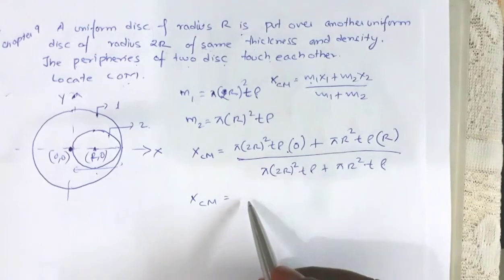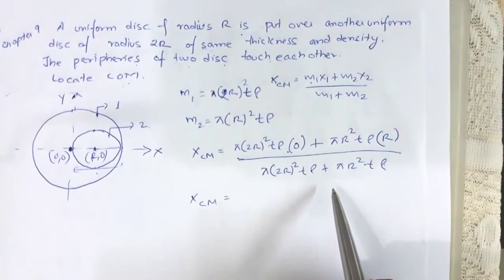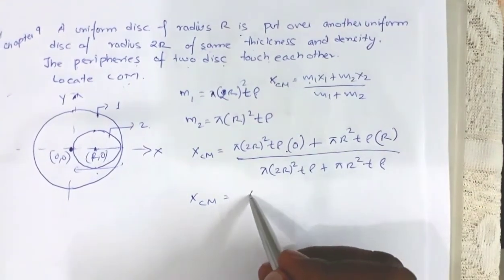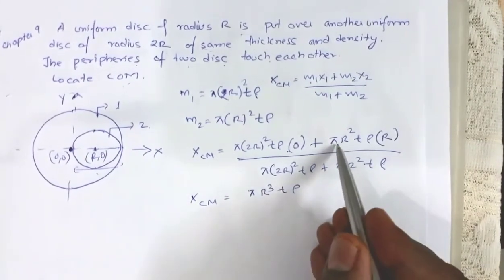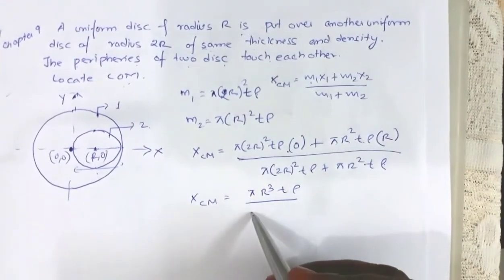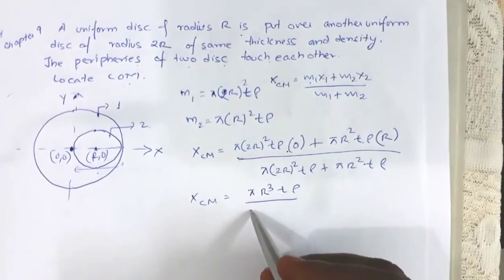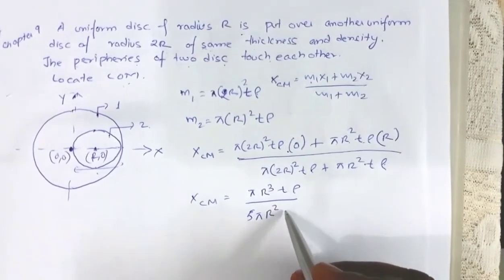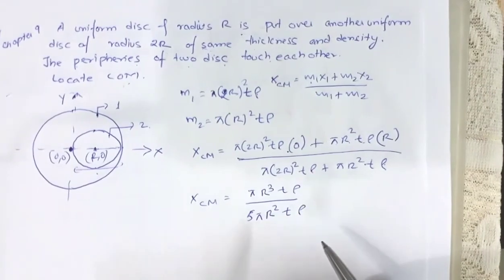So what are we left with? In the numerator, pi r cubed t rho. Here you have 4r squared, this is r squared, so 5 pi r squared t rho.